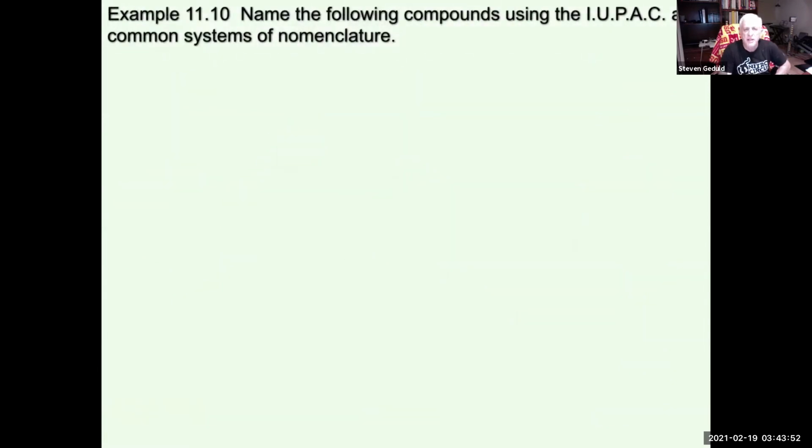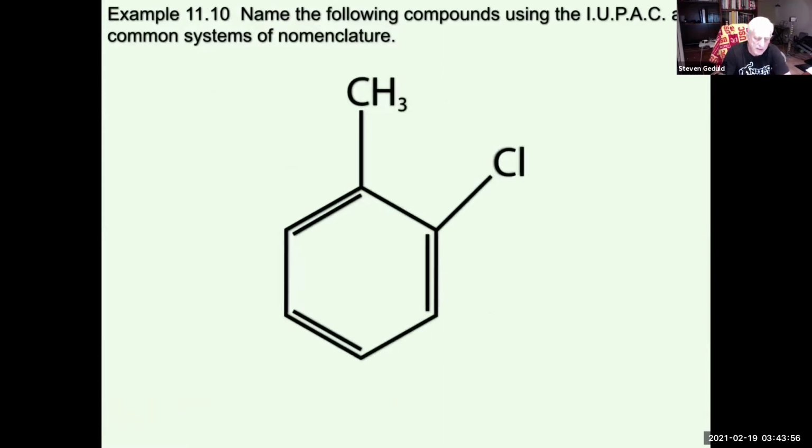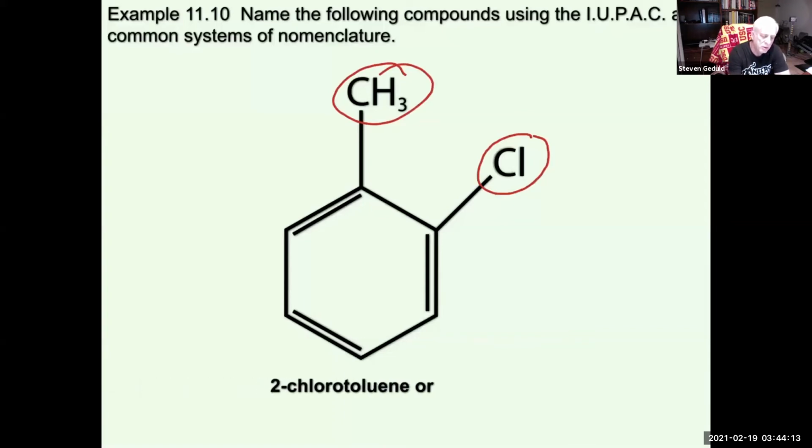Okay, name the following compounds using the IUPAC and common systems of nomenclature. Name this compound. We have a chlorine group and we have a methyl group. You would name that 2-chlorotoluene. This is toluene. Remember, toluene has a benzene with a CH3.